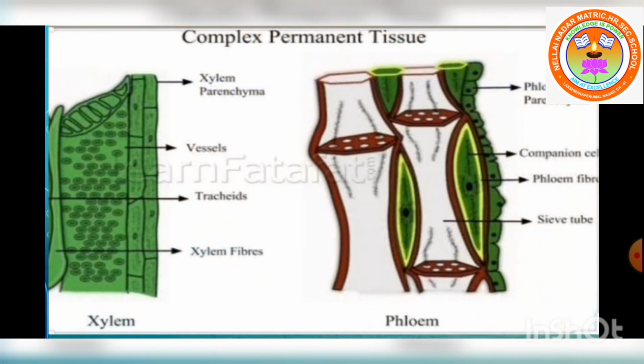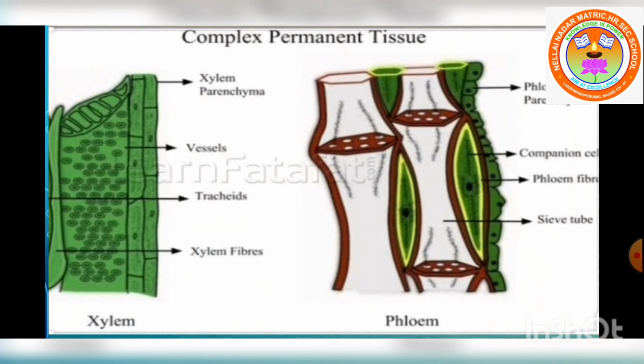Group of dissimilar cells but perform a common function. That is called complex permanent tissue. Simple permanent tissue includes parenchyma, collenchyma, sclerenchyma. Complex permanent tissue includes conductive tissues, xylem and phloem.